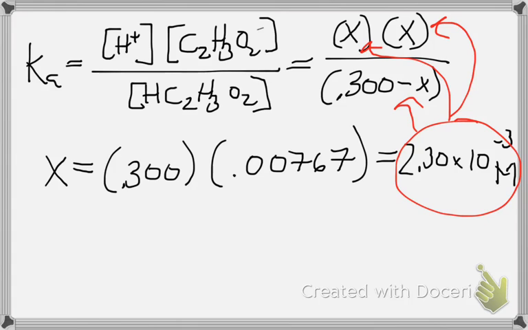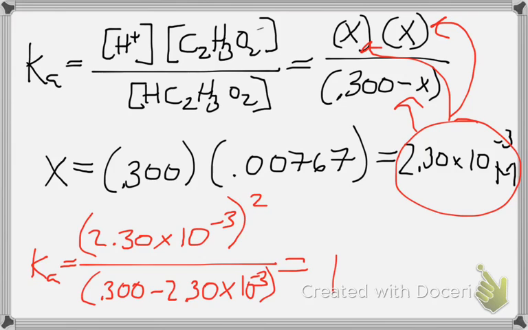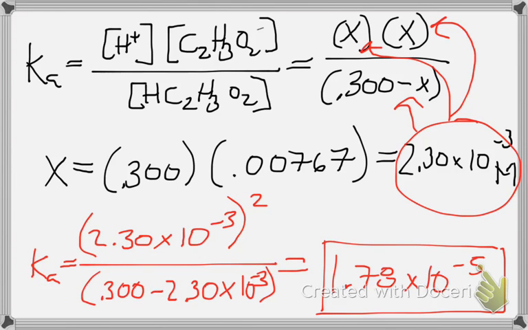Ka equals 2.30 times 10 to the negative third, squared since both of those X's are the same value, divided by 0.300 minus 2.30 times 10 to the negative third, and that will give us our Ka as 1.78 times 10 to the negative fifth. That would be our Ka value for acetic acid at whatever temperature this is.